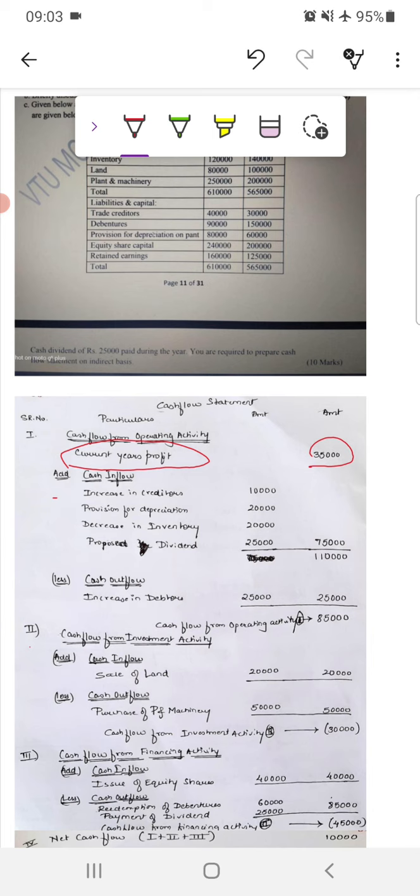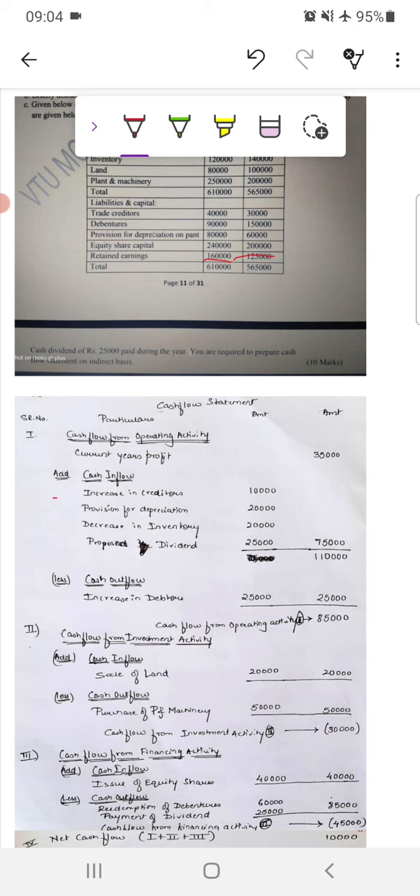But in this particular problem, profit is not given. P&L account is not given, but they have given retained earnings. So retained earnings is considered as profit, because whatever is the profit is retained, is what has been assumed, right? So retained earnings should be considered for calculation of current year's profit. Okay, so let's go ahead with how much is the retained earnings in the previous year. 1,25,000. Now the retained earnings are 1,60,000. That means retained earnings have increased.